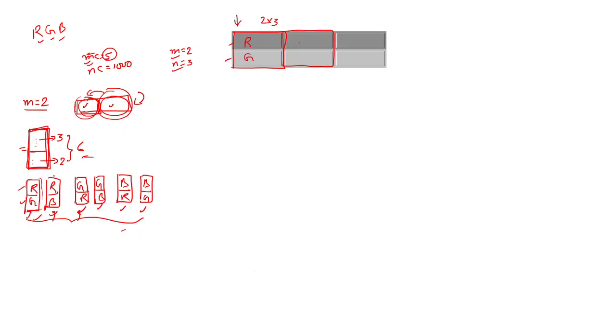It depends on the strings in which the adjacent colors should not match. If we start from here and start matching, and try to put this particular column there, you can see RR is matching, so we can't put this. Similarly, for this column, GR is not matching, RG is matching. So this GR is one candidate that can be put there.